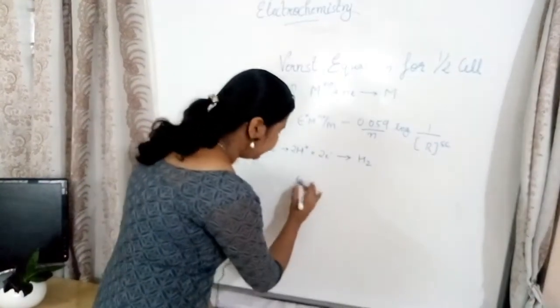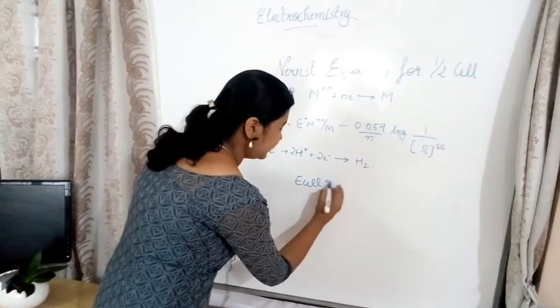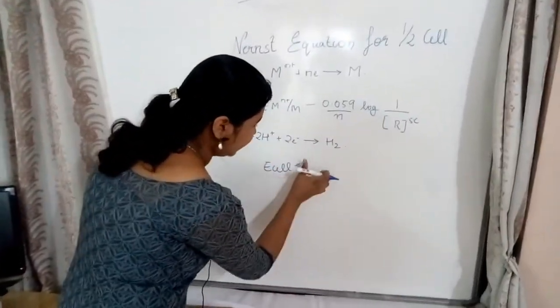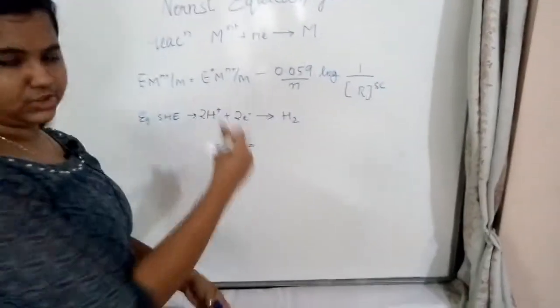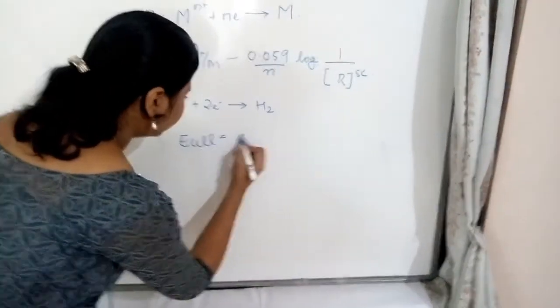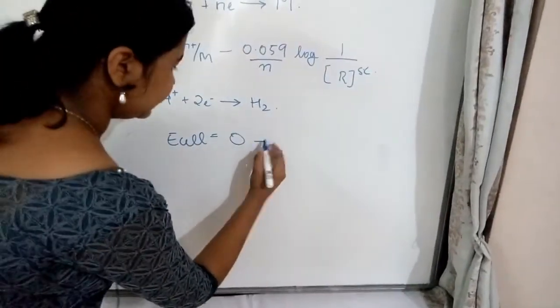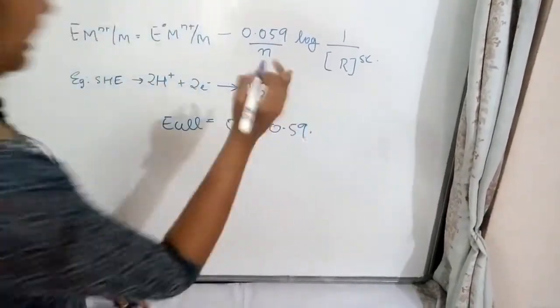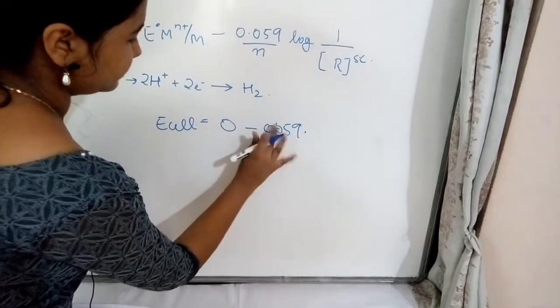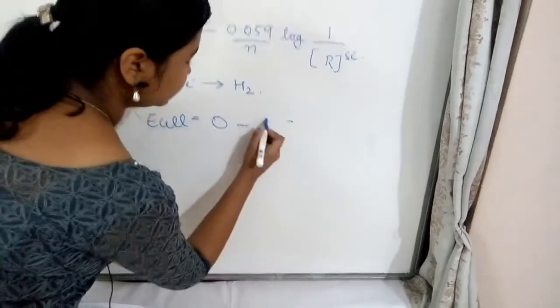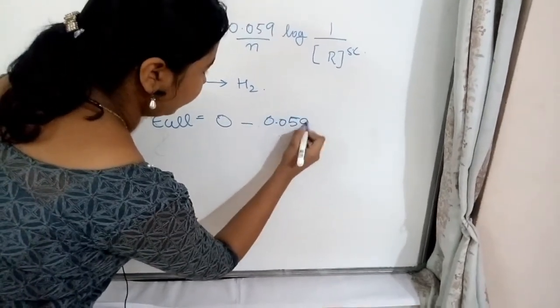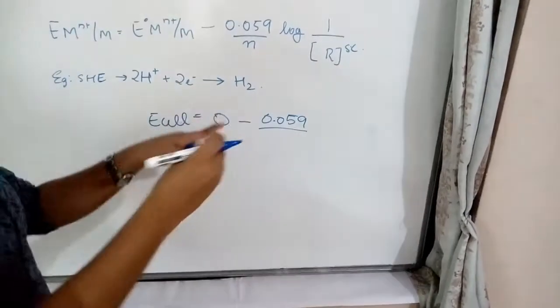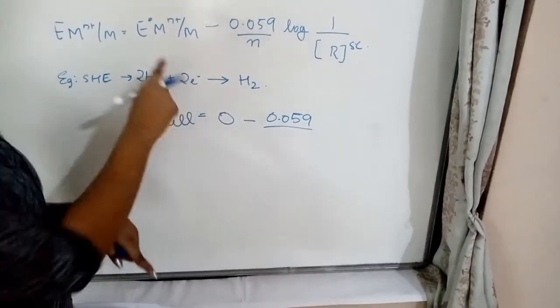So E is equal to, we know E0 of a SHE is 0. 0 minus 0.059, sorry, 0.059 divided by n, the number of electrons. You can see the number of electrons over here is 2.